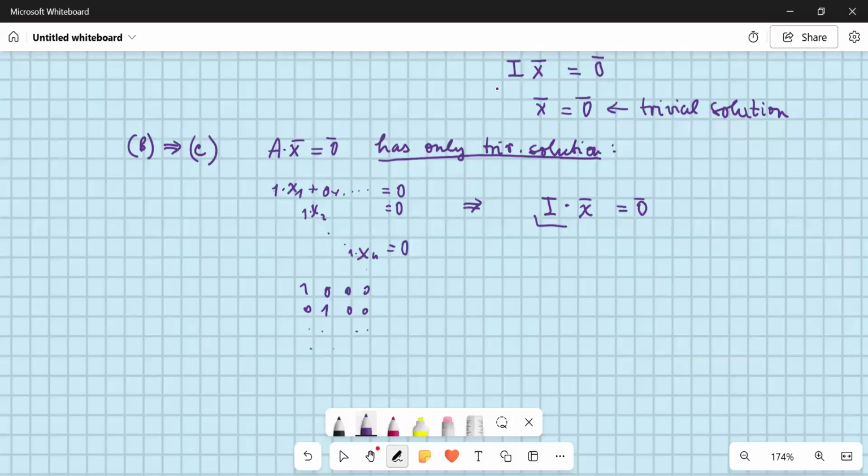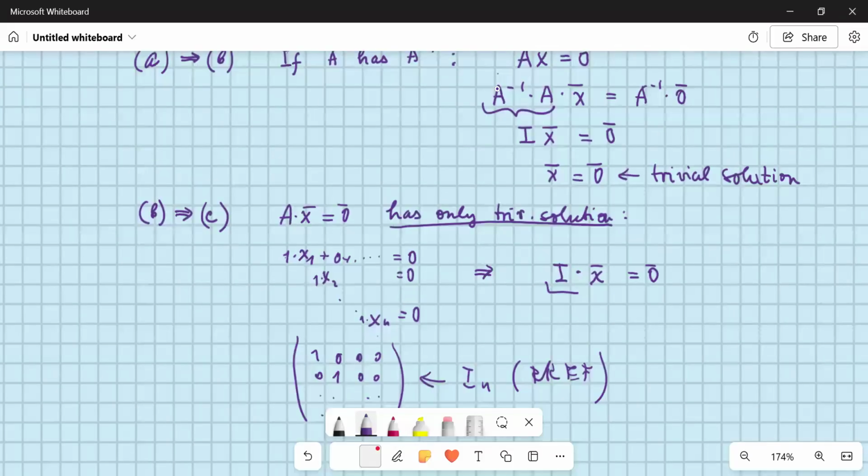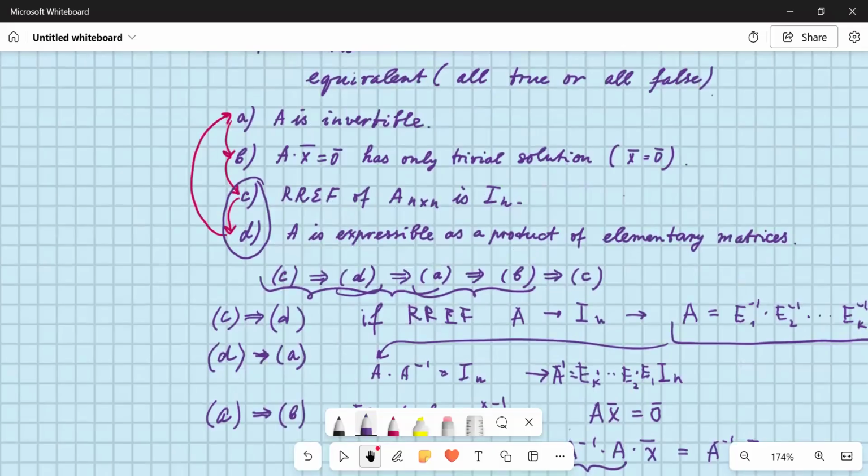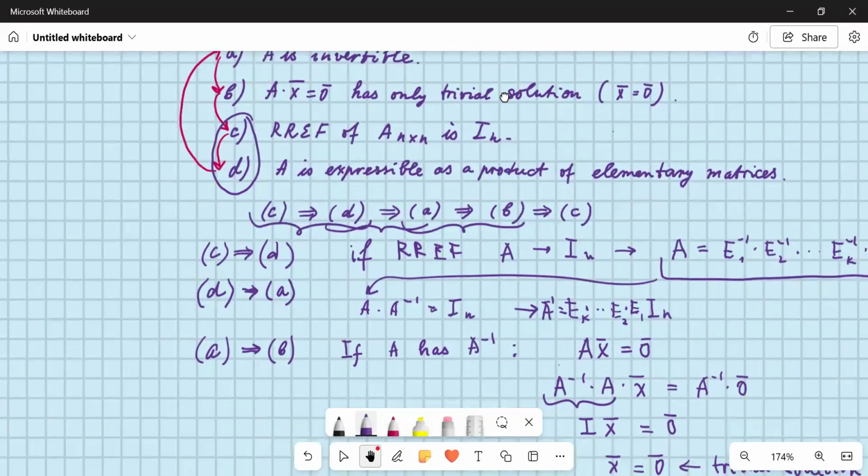Usually by Gaussian elimination we get this reduced row echelon form, which consists of ones on the main diagonal multiplied by corresponding variables and zeros everywhere else. And this is the identity. Which means that, yes, we proved the last statement, that the reduced row echelon form is the identity matrix.